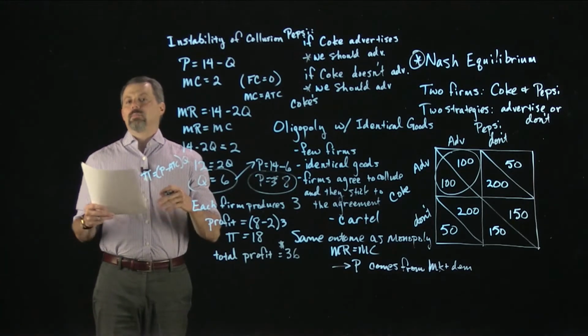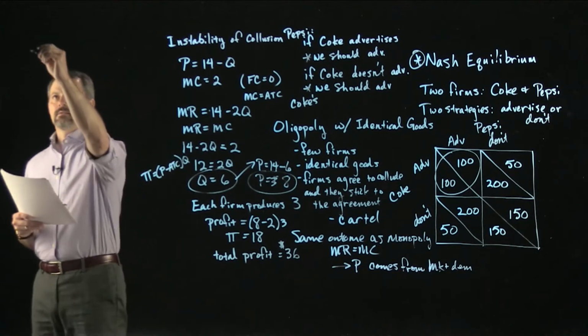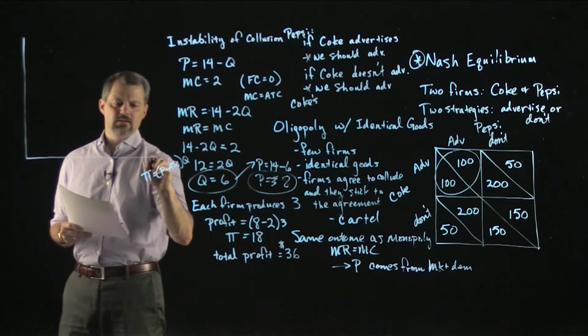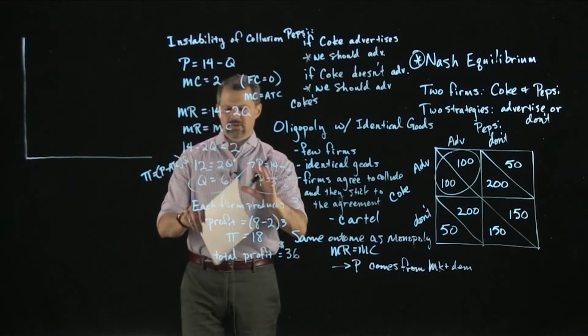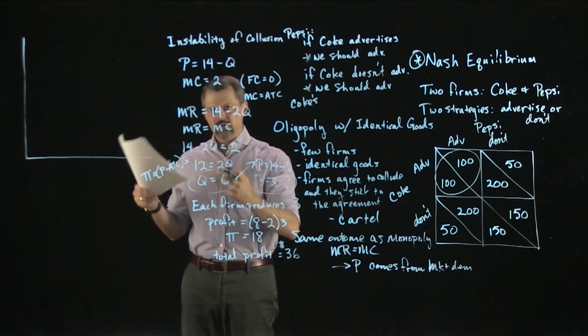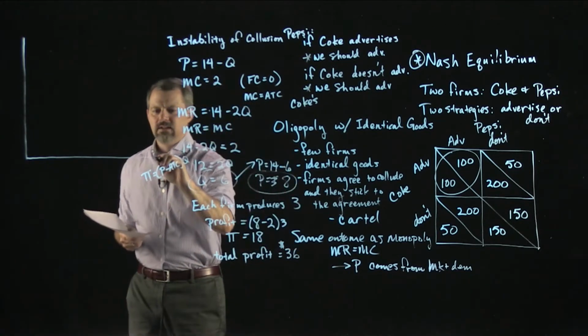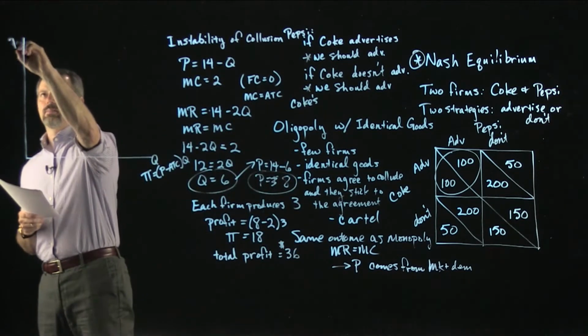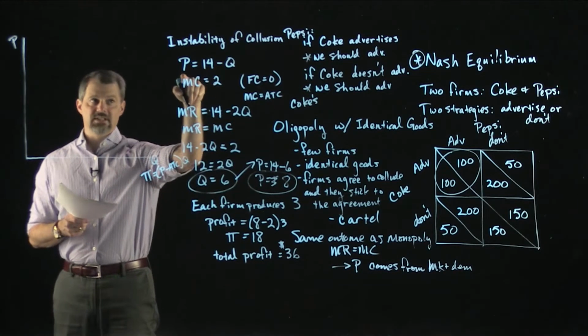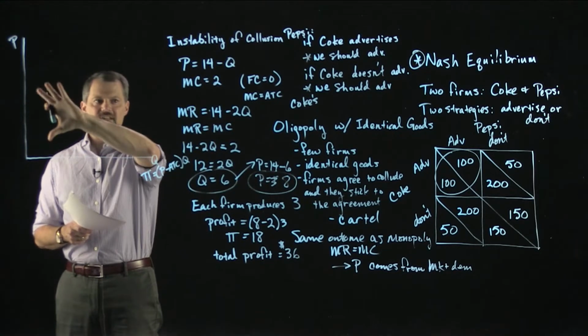Now let's draw a picture of what we've done here. Once you've done the math, it's useful to think about what you've just solved for graphically. So we've got quantity, we've got price, and we've got an inverse demand curve that is solved for P, so we can graph it in this space.